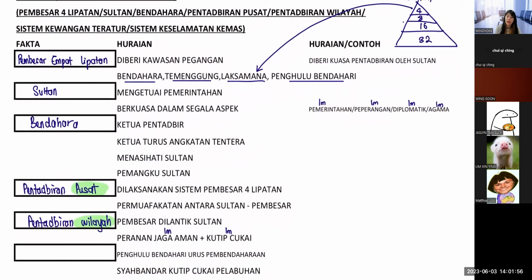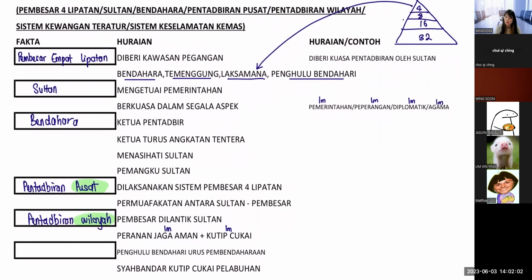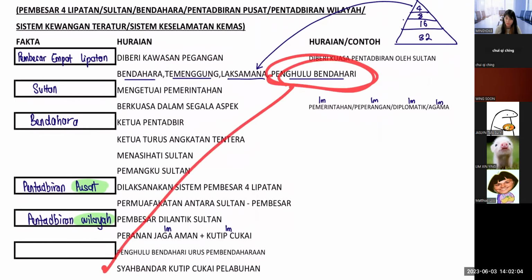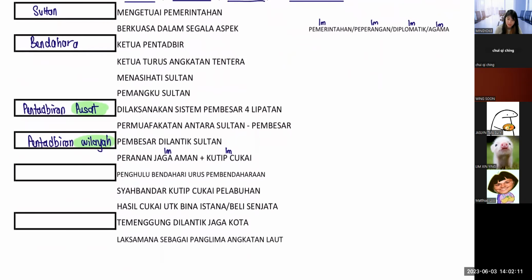Yes. So then after that, according to our penghulu bendahari, penghulu bendahari will be in charge of our financial system. So in our sistem kewangan teratur, okay, penghulu bendahari is the one that manages our treasury.